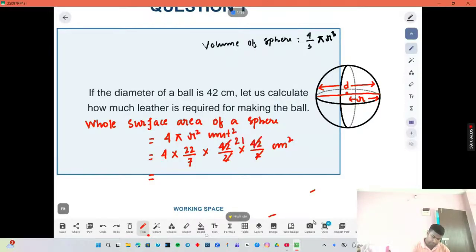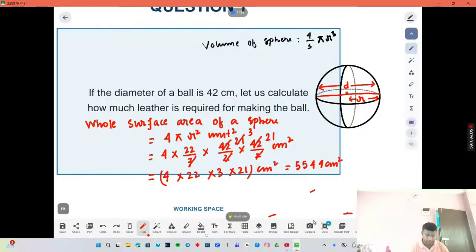So equal to 21, 21, 3. Then 4 into 22 into 3 into 21 centimeter square. After doing all the calculations, we get the answer, which is 5544 centimeter square.